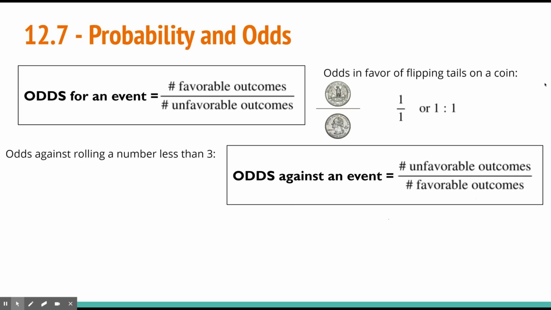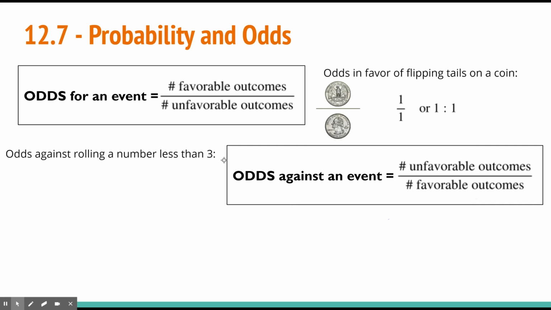Let's take a look at another example to do odds against. Odds against rolling a number less than 3. So we're talking about a standard die, 6 possible outcomes. What are the unfavorable outcomes to rolling a number less than 3? And why am I starting with unfavorable? Because it says the word against.